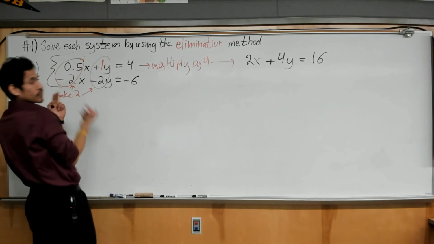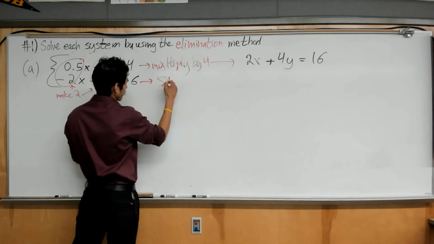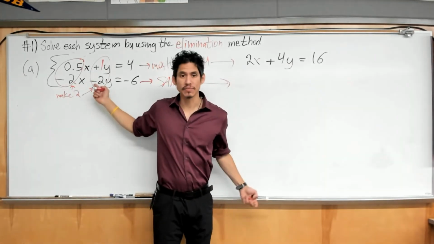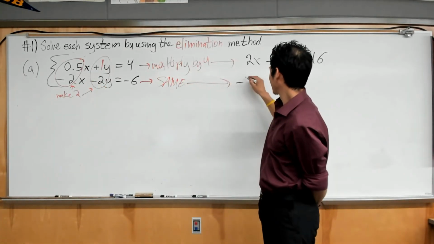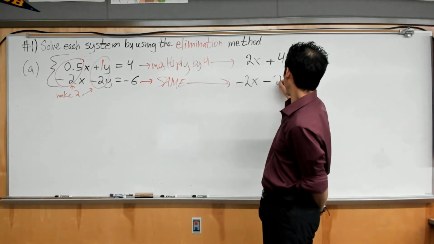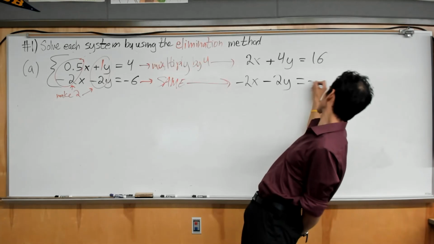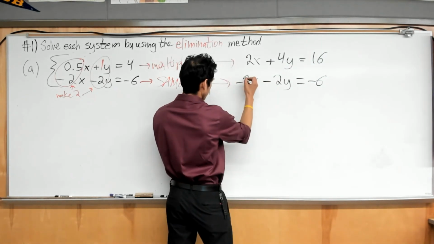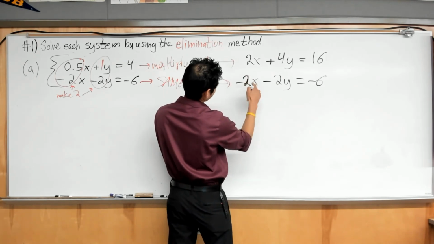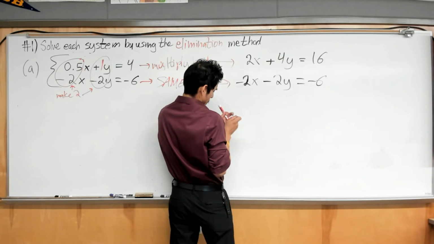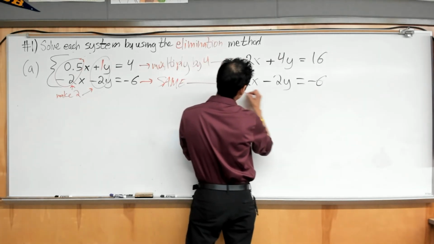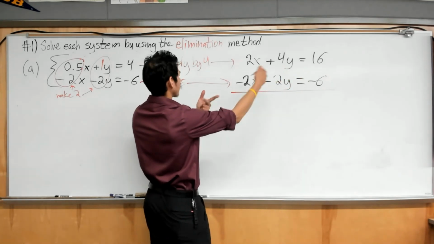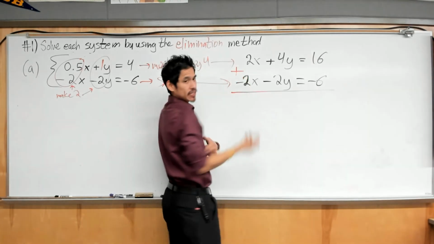See where you got a 2 or negative 2. Same old. Negative 2x minus 2y equals negative 6. All right, now we do the elimination. So add these guys.